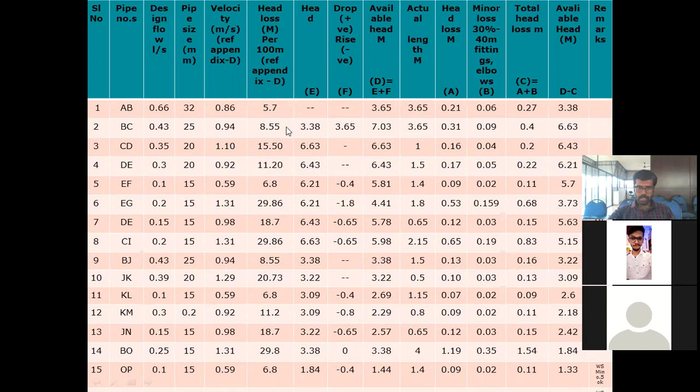Head loss per 1000, okay? Divide by 1000. Or here you divide by 100, okay? Per 100. So 3.65 into 5.7 by 100.